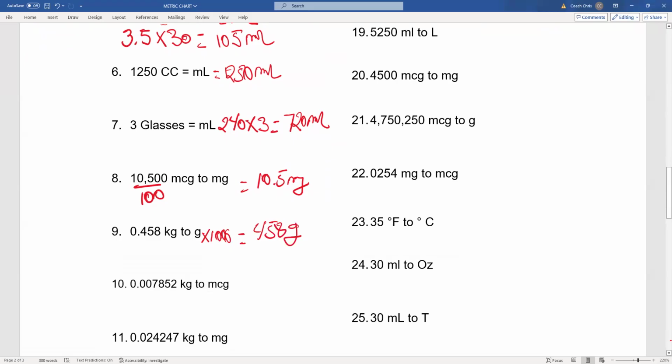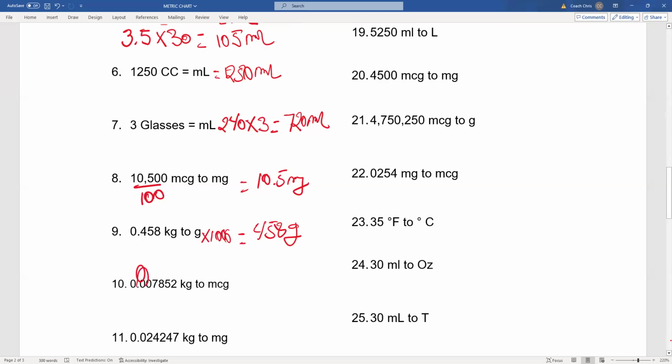Kilogram to microgram, you will have to multiply this one here by 3 steps, by 1,000,000,000, because you go from left to right. You got a kilogram to gram, it's 1,000. Gram to milligram, it's another 1,000. Milligram to microgram is another 1,000. So we're gonna do 1,000, 1,000, 1,000. You will have to move this decimal up to 9 places. If you do not have a calculator, you have to know how to move your decimal place. Remember, we got a billion, we got 9 zeros.